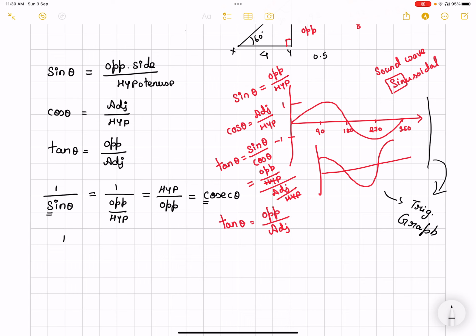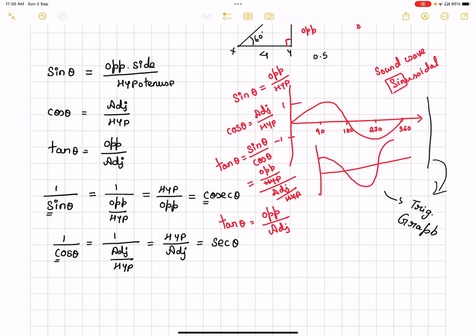Okay, now the reciprocal of cos theta is 1 divided by adjacent divided by hypotenuse, which is equal to hypotenuse divided by adjacent. How will we call it? 1 by cos is secant theta.